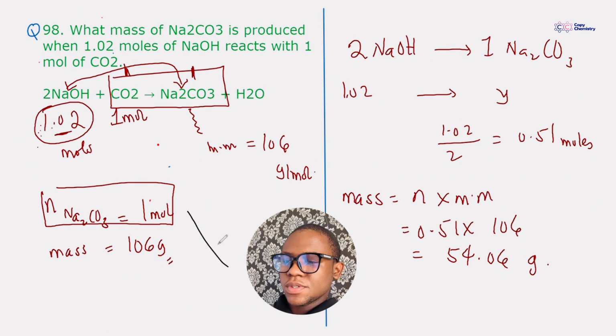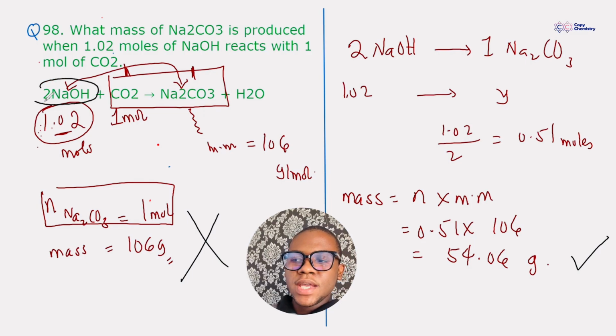Well, this first method is wrong and the second method is right. This is because I'm meant to compare the limiting reagent with my product. That is what is meant to happen.